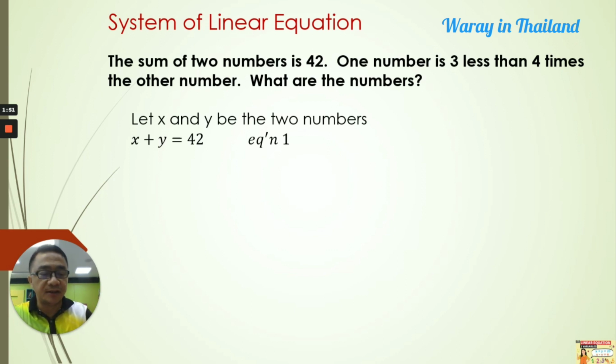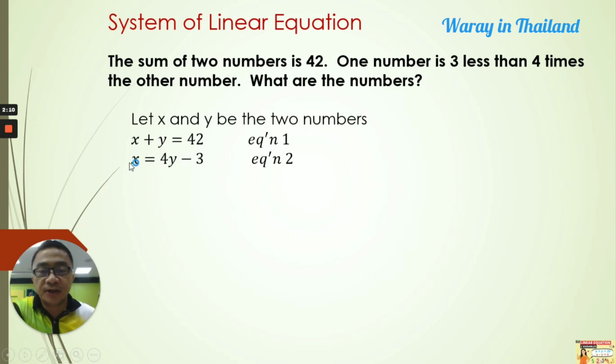Okay, so we can write the equation as x is equal to 4y minus 3, because this 4y is larger by 3 than the value of x.